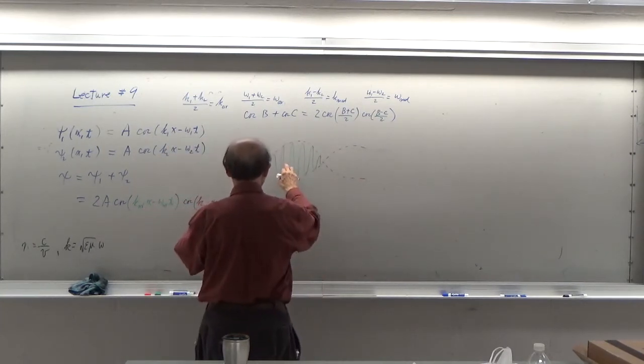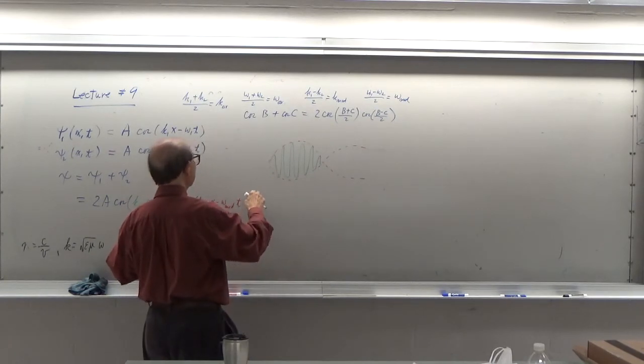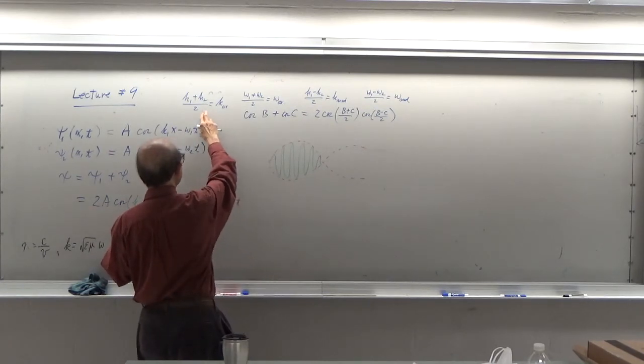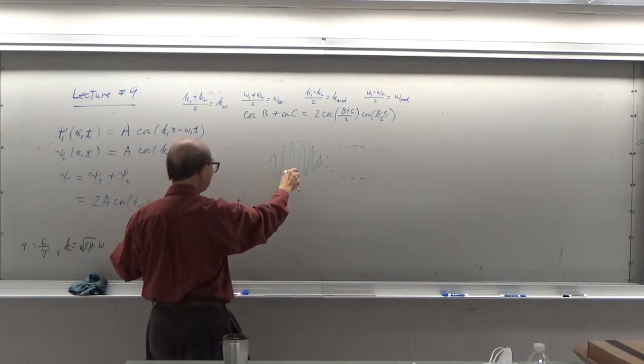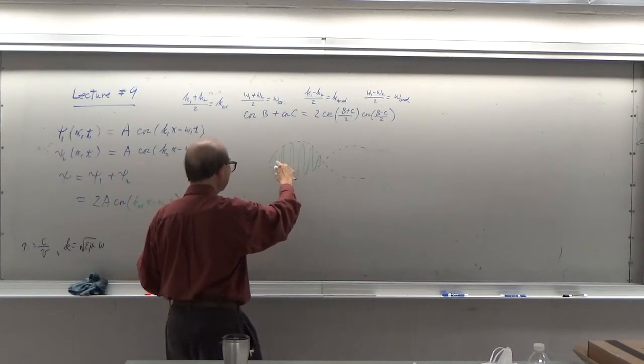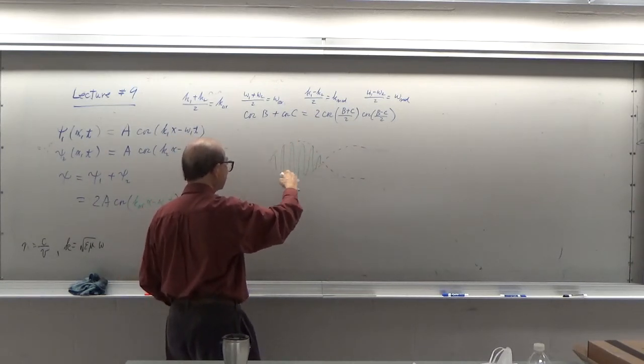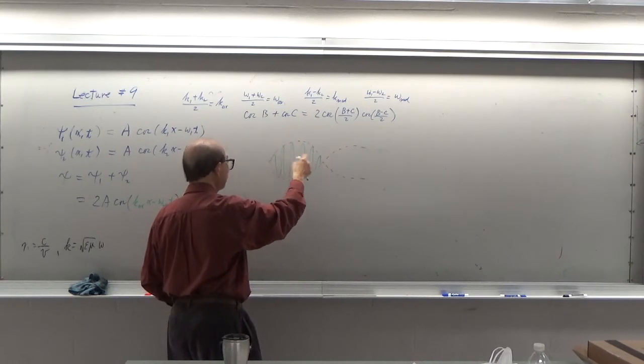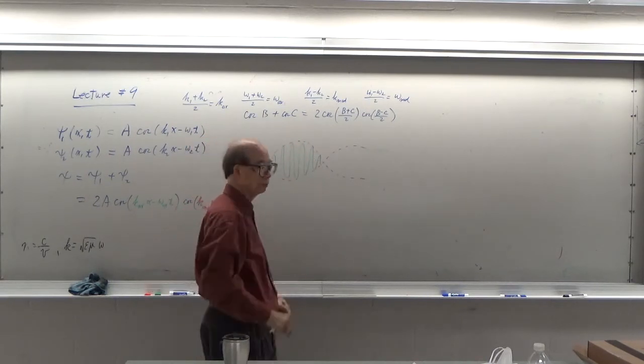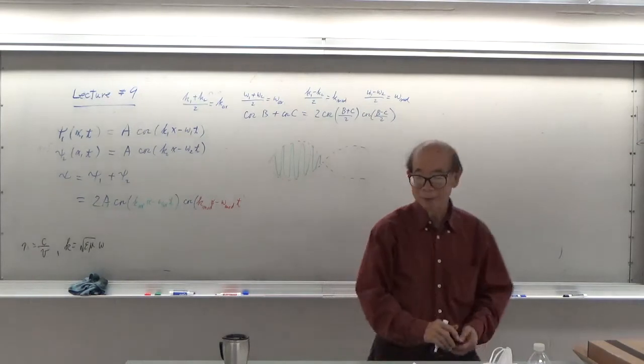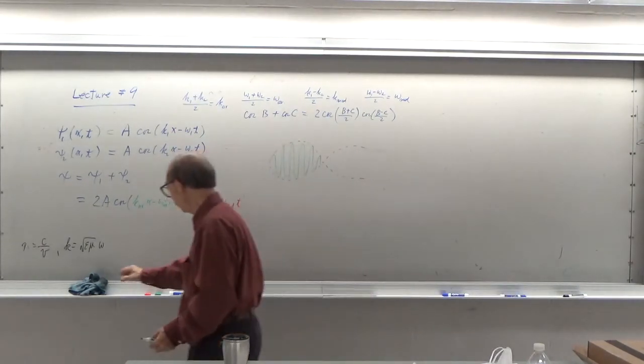So this green part refers to a wave with shorter wavelength propagating, bounded by this envelope of the modulated wave.